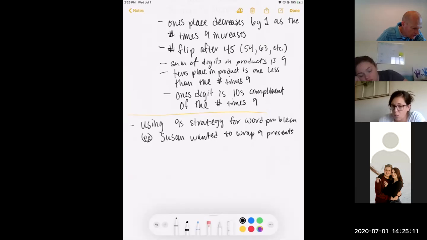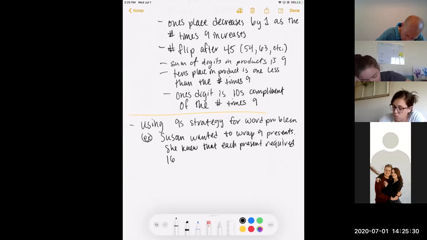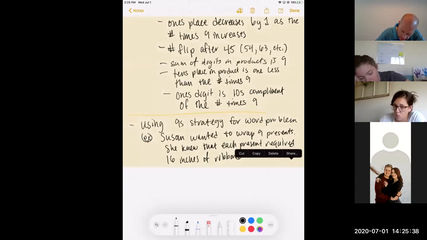She knew that each present required 16 inches of ribbon. How much ribbon would she need to buy?